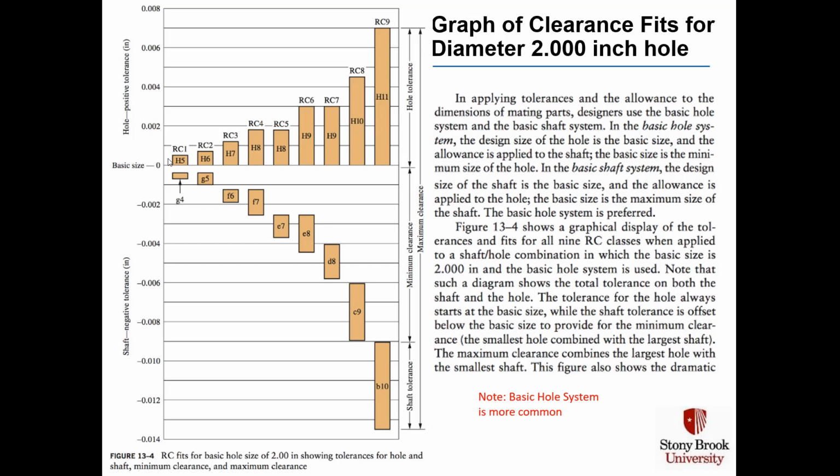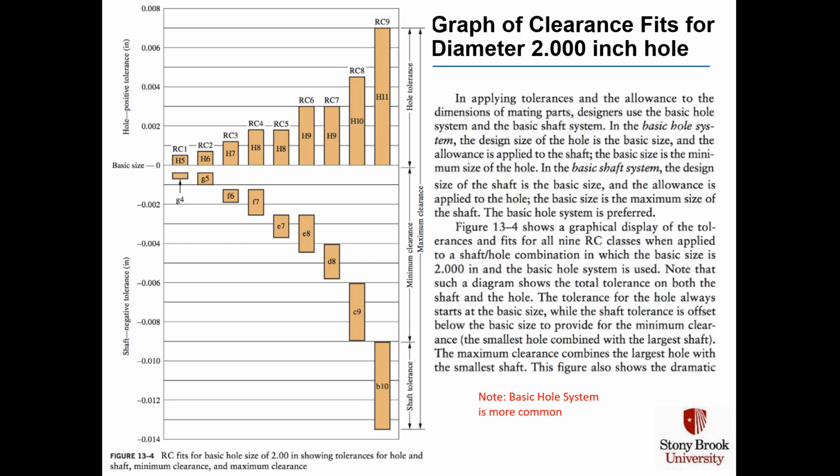You want them to fit tight, not interfere, still clear, but not by much. As you go higher up through the classes, the difference between the hole size and the shaft size keeps getting larger and larger and larger.